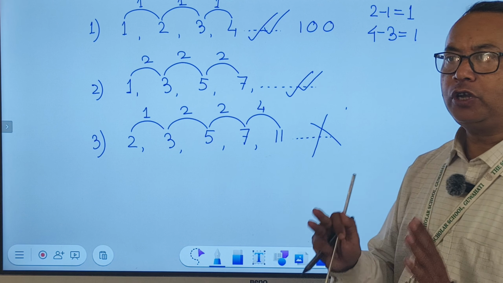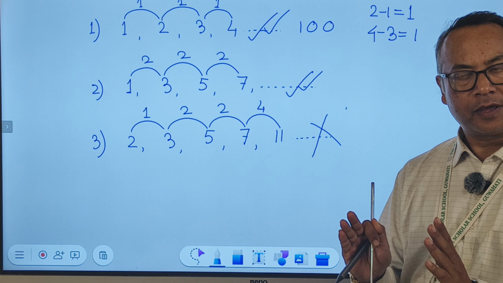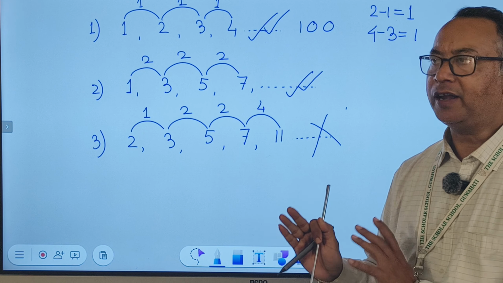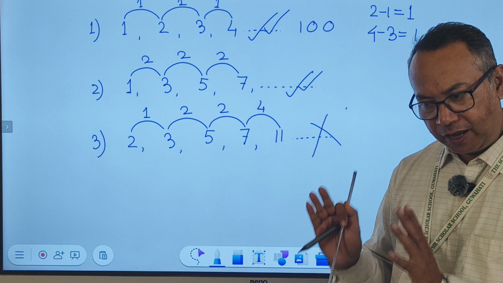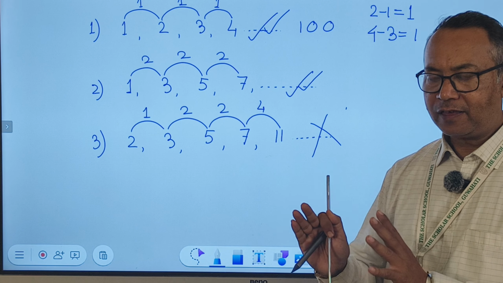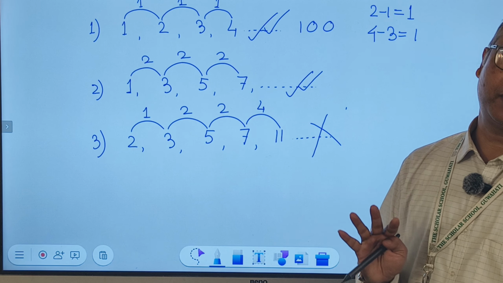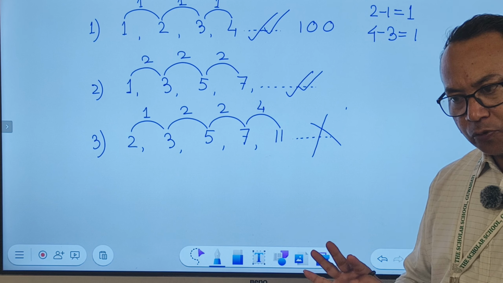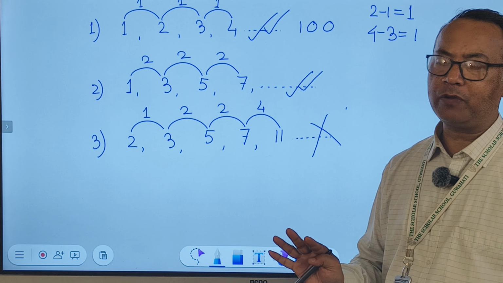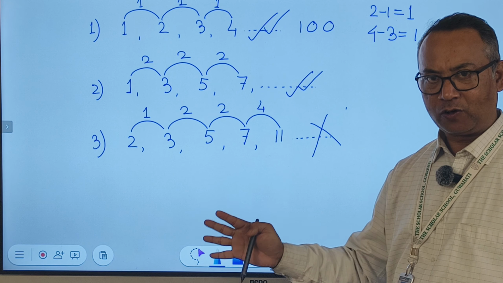If the difference between two consecutive numbers is constant, then it is in arithmetic progression, and if that difference is not constant, then it is not in arithmetic progression. So up to this, any confusion? I hope you understand the basic concept.